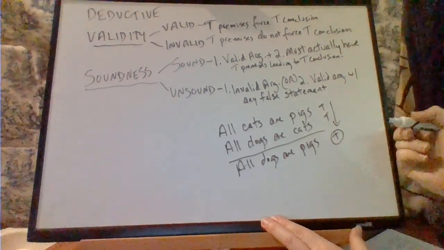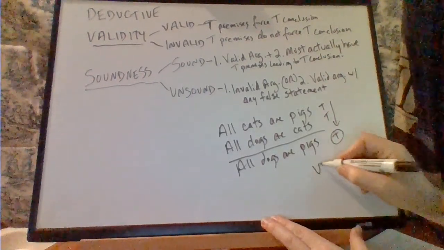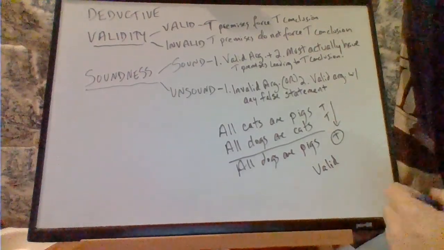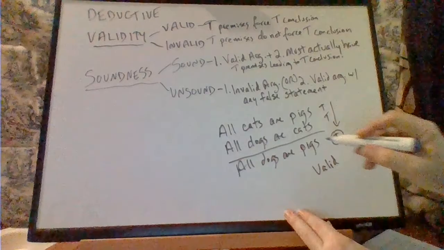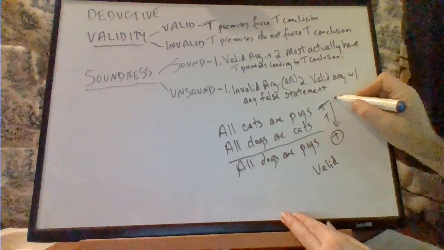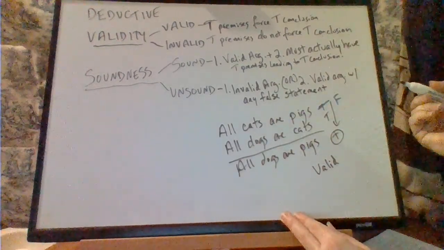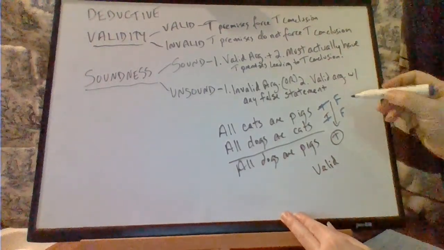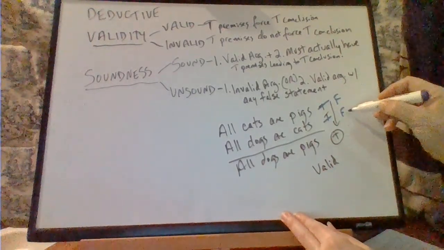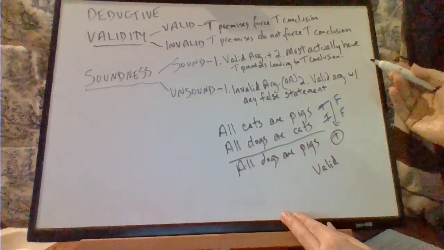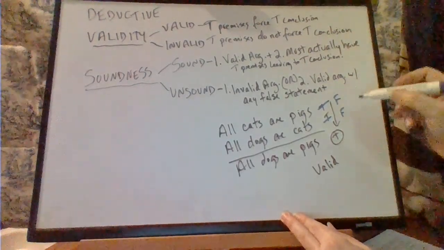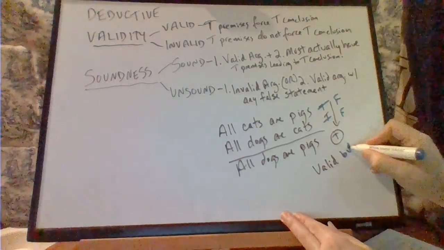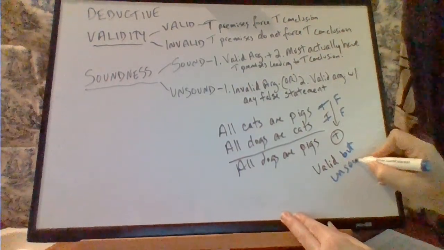So it is valid, it fits that form. However, when you actually test the truth value, all cats are pigs is not true. That's a false statement. All dogs are cats, that's also a false statement. So you've got false premises, at least one. You've got more than one, but at least one, which means that even though it's valid, it's going to be unsound. So you would call this valid but unsound.